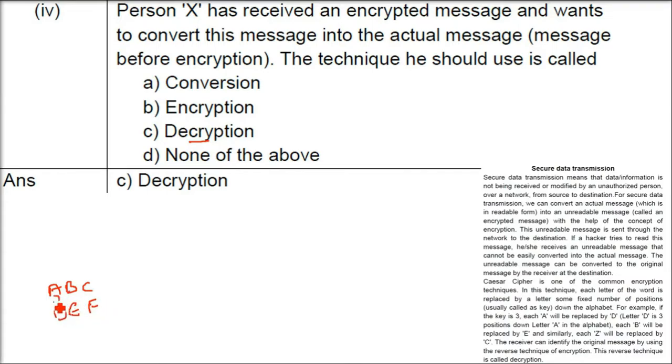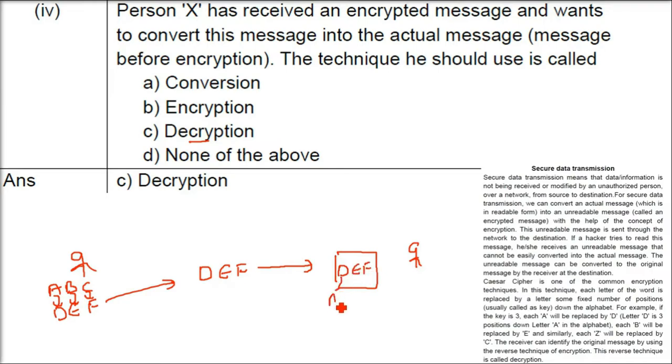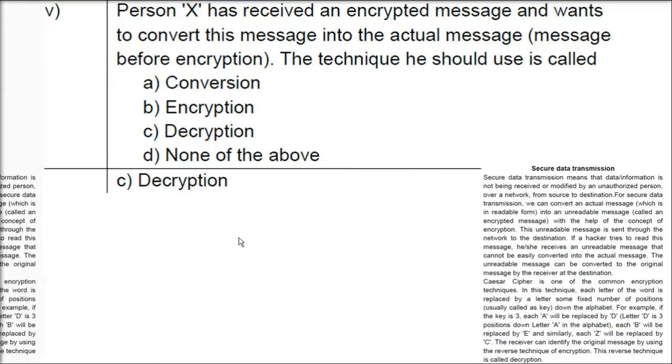Now when DEF is ready, you send it over the network, on the internet, and it comes to the recipient, the person who is supposed to get it. He will not be able to read DEF, so he has to convert DEF back to ABC, because the actual message was ABC, right?